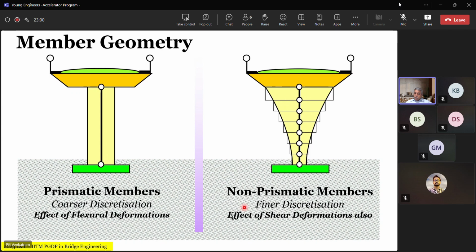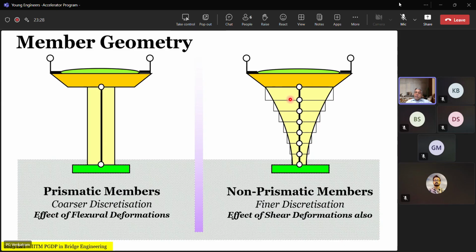In the case of non-prismatic members, it is not a choice. It is a must. It's a compulsion. But in the case of a prismatic member, it's a choice. Now, in both these cases, the shear deformation effect will automatically get incorporated when you do the finer discretization.